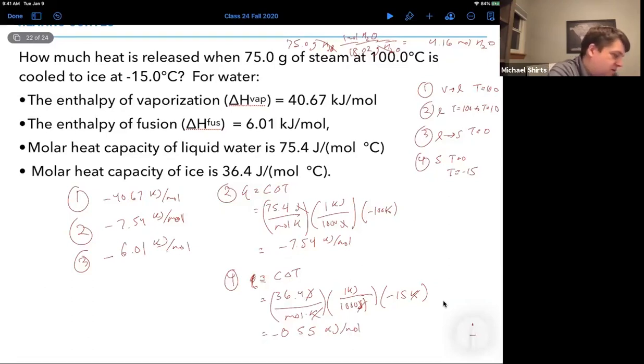So step 4 is minus 0.55 kilojoules per mole.